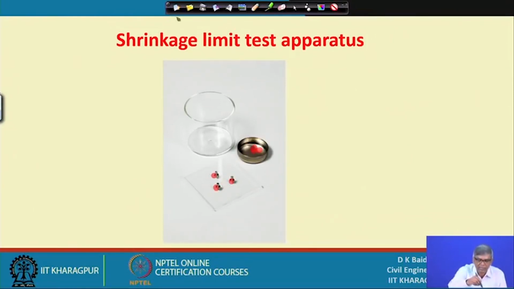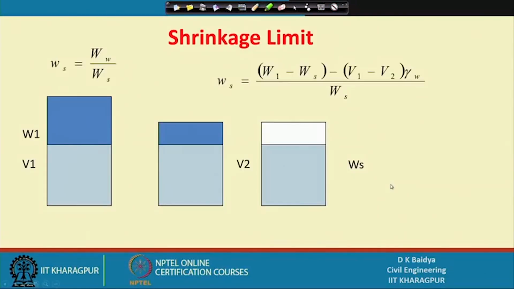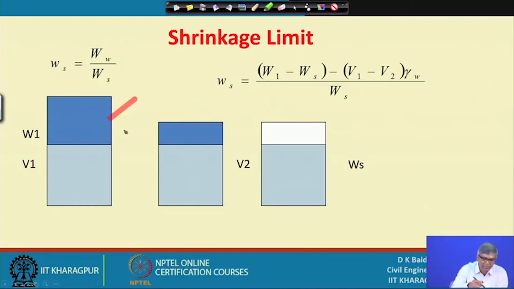After doing all those things, we can take help of this diagram to find out the shrinkage limit calculation. Suppose the initial volume was this, with some weight W1 and volume V1.